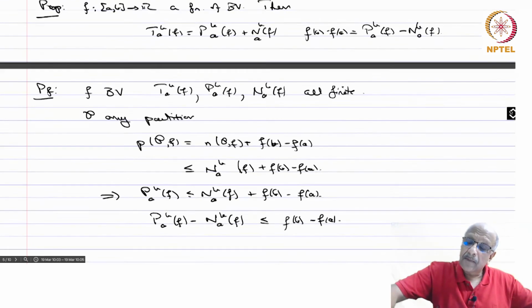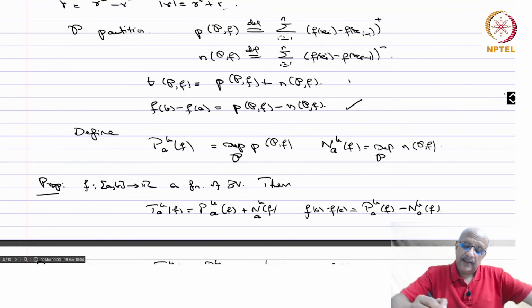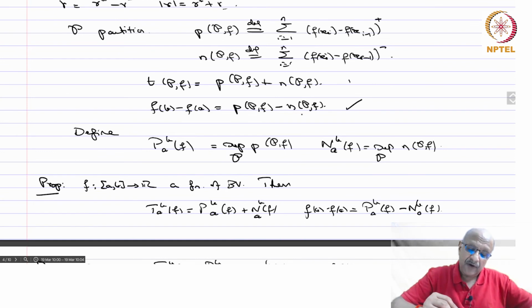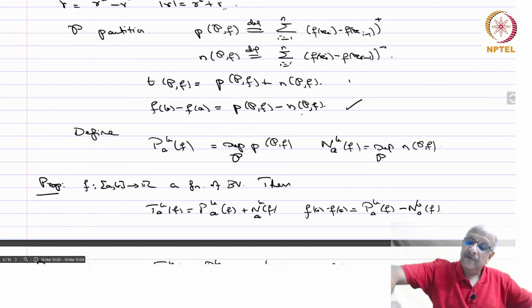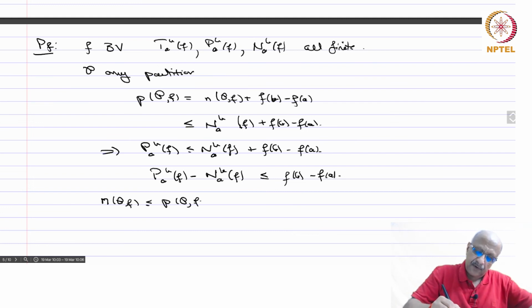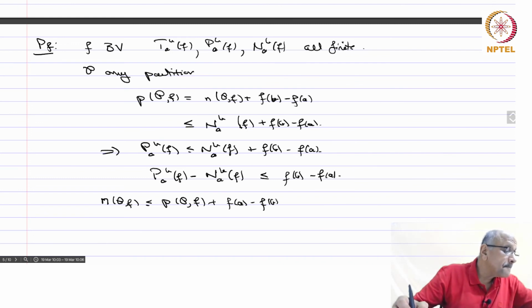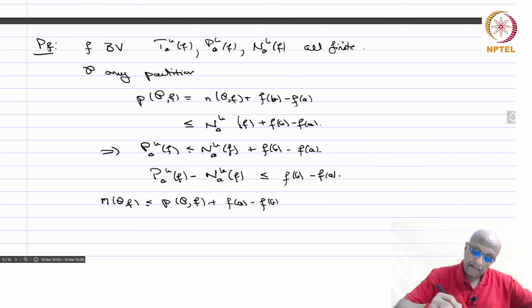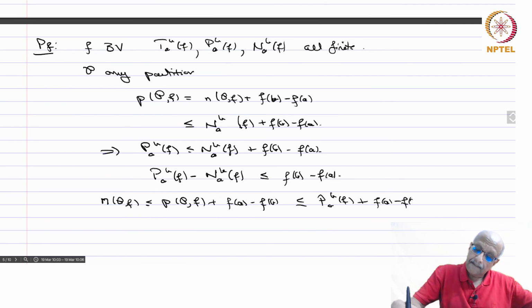Now you use the same relationship again, and you write N(P,f) is less than or equal to P(P,f) plus f(a) - f(b), which is less than or equal to P_a^b(f) plus f(a) - f(b).